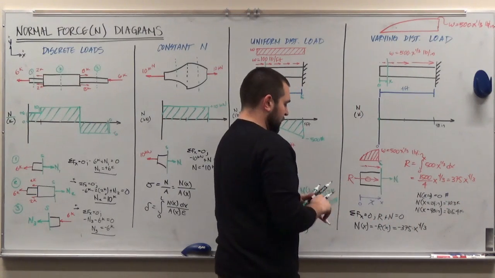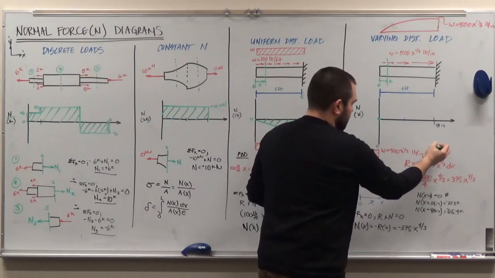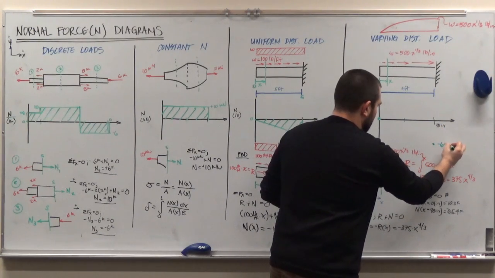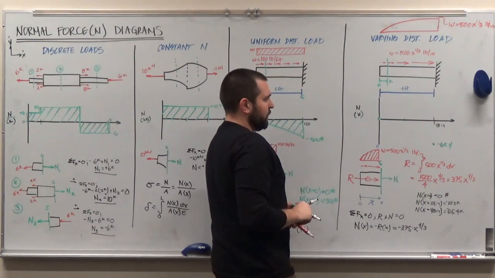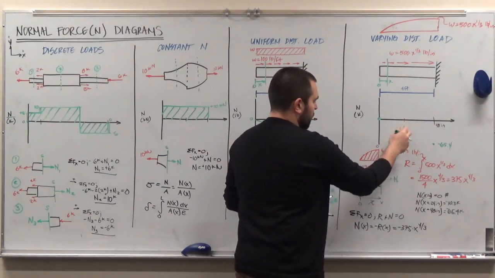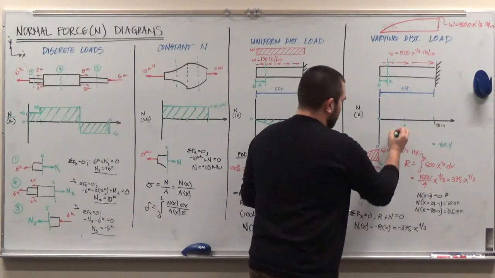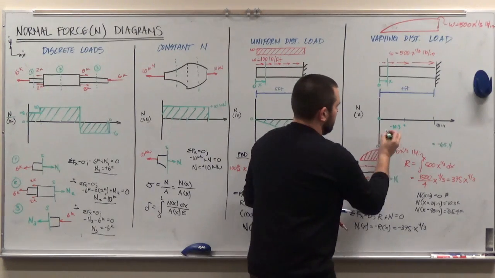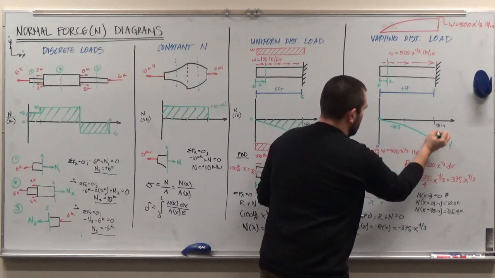All right, so if we were to plot those points, again, we have 0, 0. At 48 inches, we have negative 65.4. We already showed this vertical axis in units of kips. And at 24 inches, we have a value of negative 10.3. All right, so we see that we have a parabolic distribution.